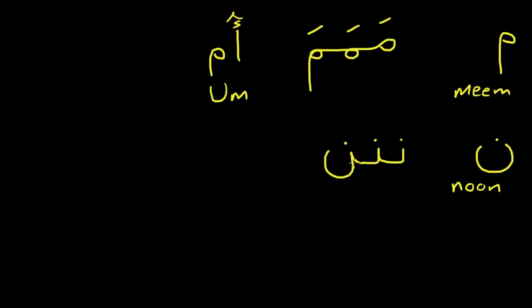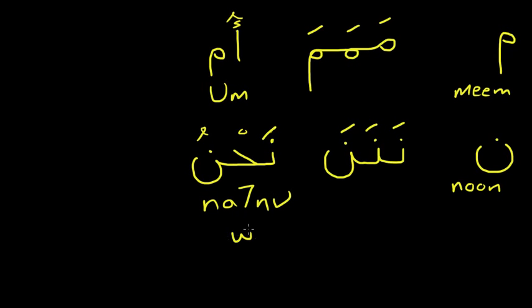It's not going to be flat like the ba, ta, and tha. So this would be na, na, na. An example of a word would be nahnu. This means we in Arabic.